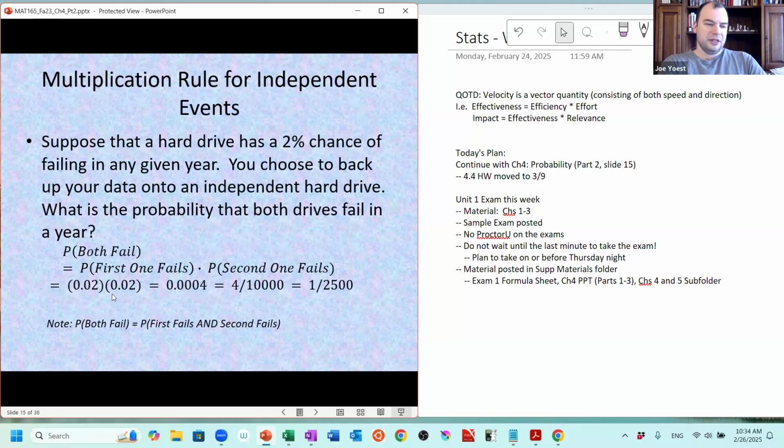Now we might look at this and say, well, in reality, are 2 hard drives really ever independent in this situation? Well, certainly if I have one hard drive in my computer and the other one in my desk drawer right under my computer, they probably aren't independent. If I get a water leak or something that floods my office, it's probably going to hit both hard drives. Or if there's a fire or something, both will be affected.